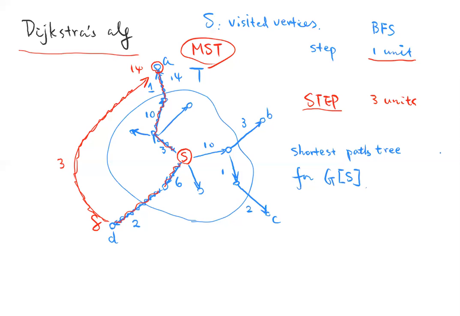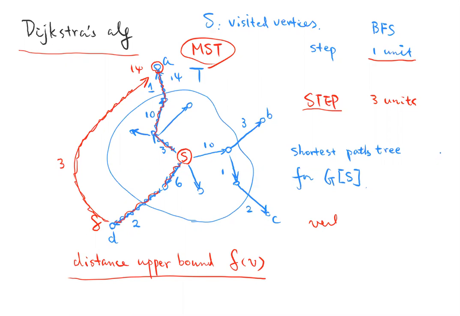Of course you said D then, right? But why D? It's really determined by distance. So what we do is, for each vertex, we put a distance upper bound called delta V. Then the next vertex we choose is vertex V with minimum distance upper bound.